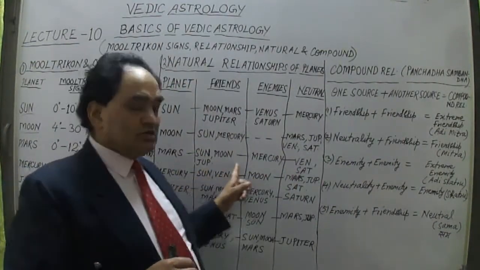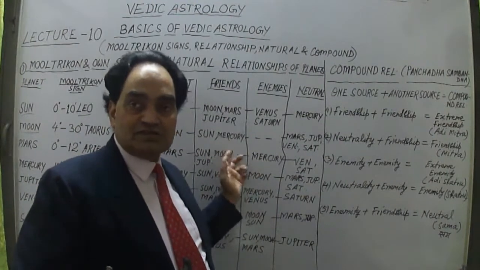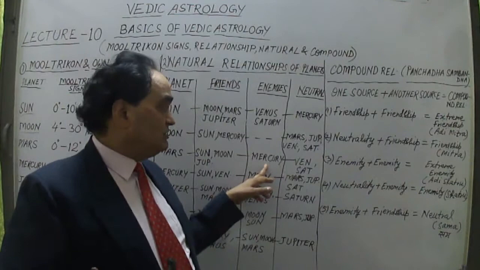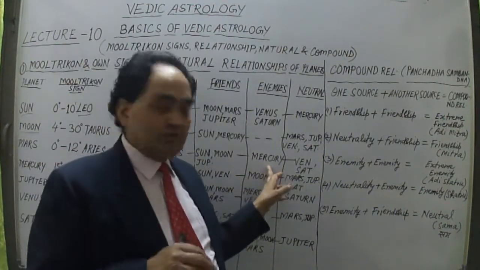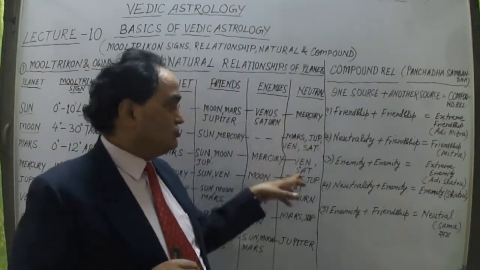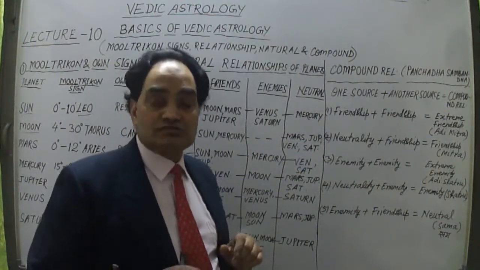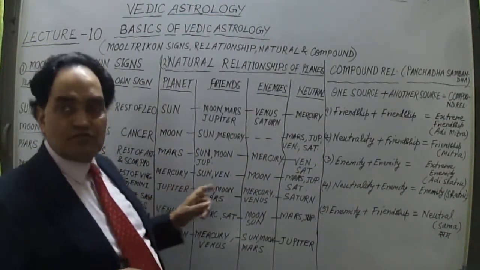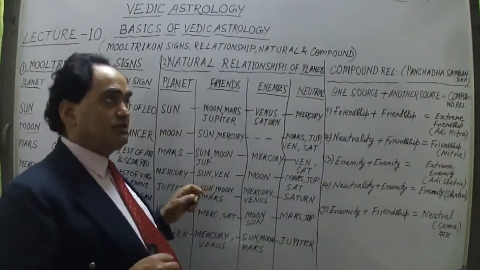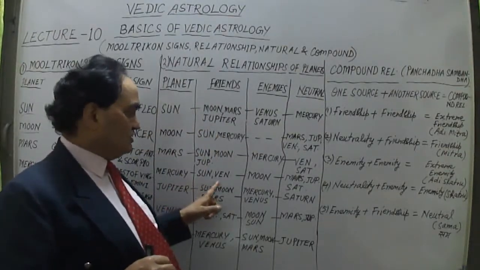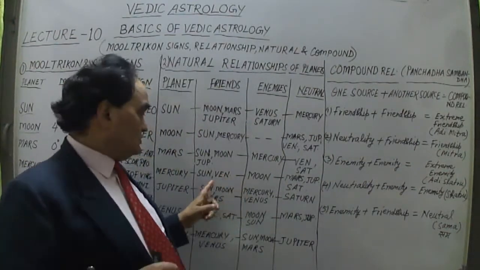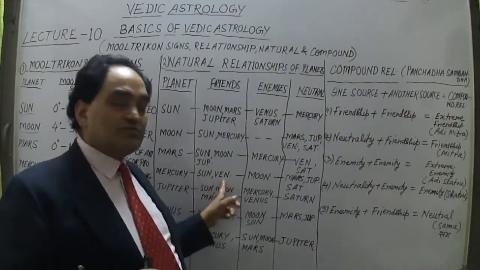So Venus and Saturn are neutral to Mars. Sun, Moon and Jupiter are friends, and Mercury is an enemy. Now for Mercury: Sun and Venus are friends.